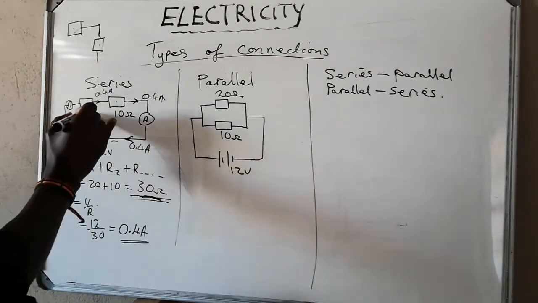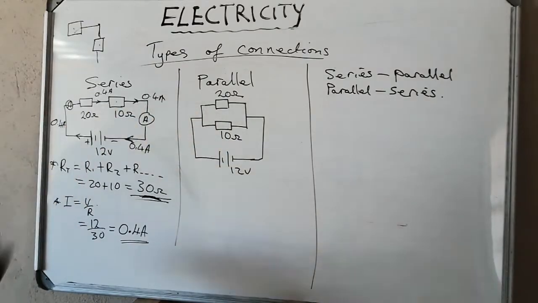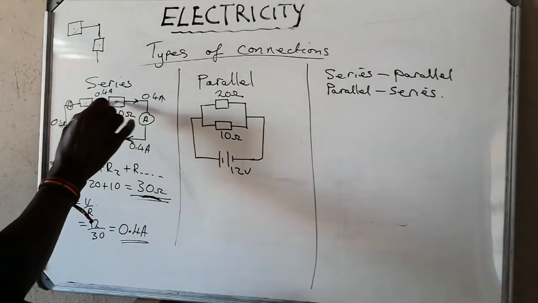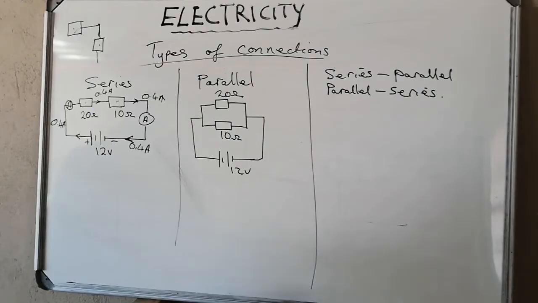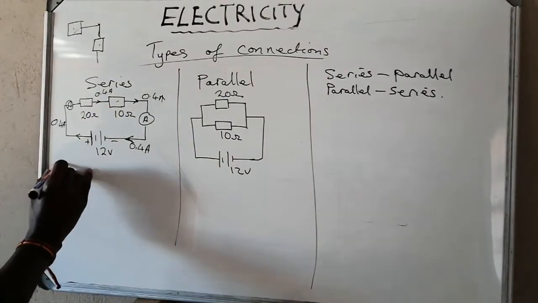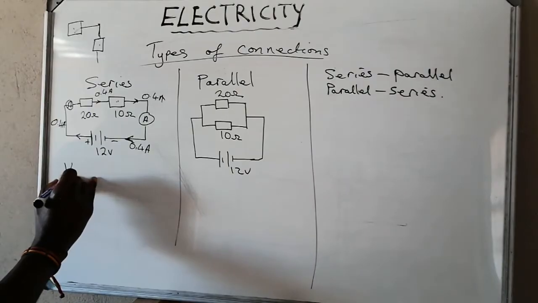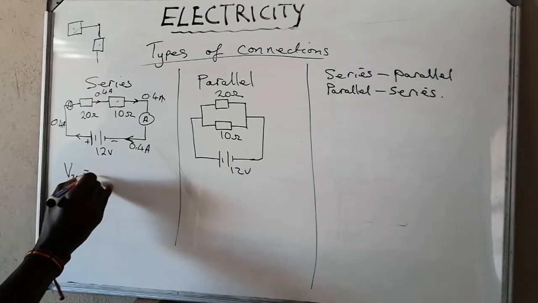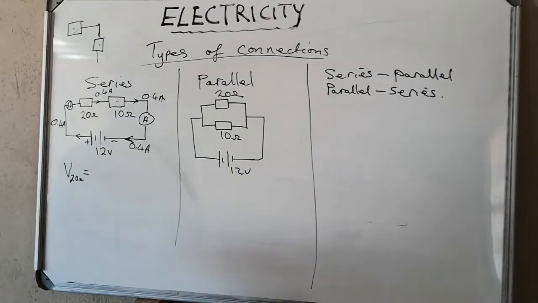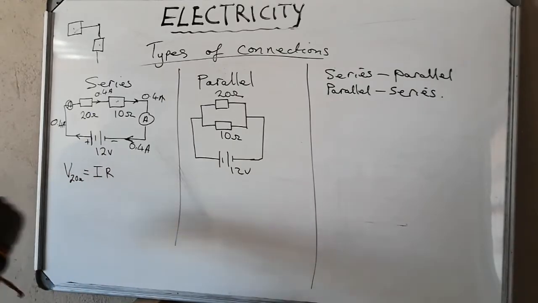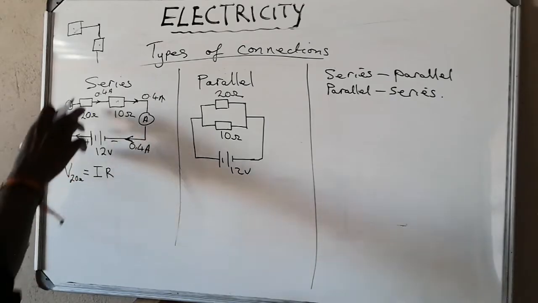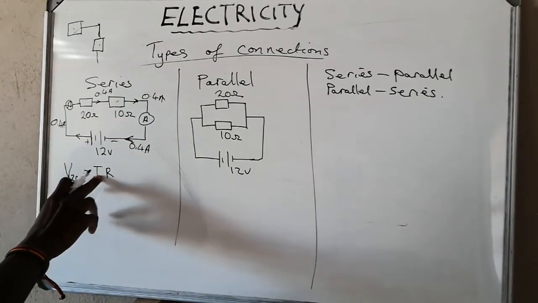However, with this series circuit, each component will have a different voltage drop. What we mean is that if we want the voltage across the 20 ohm resistor, according to Ohm's law, the voltage that will drop across each component is the current times the resistance.